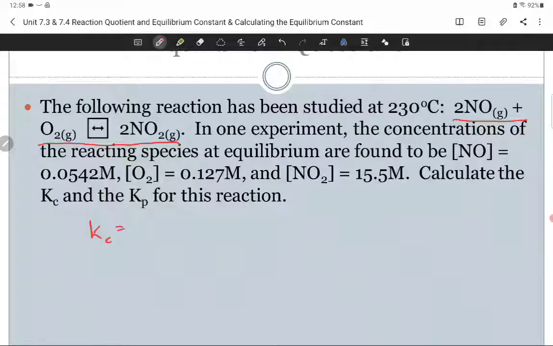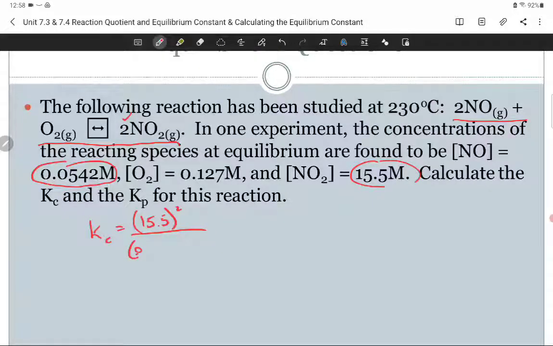So we have a product, the NO2, and there's its molarity. Don't forget that it's raised to the power of 2 because there's a 2 for that. That's the only product. And then all of our reactants, the NO has a small molarity.